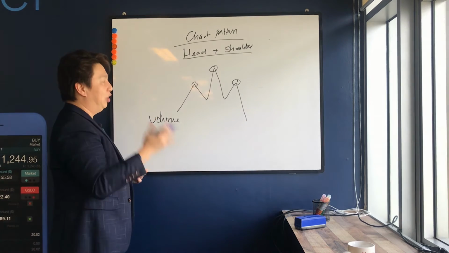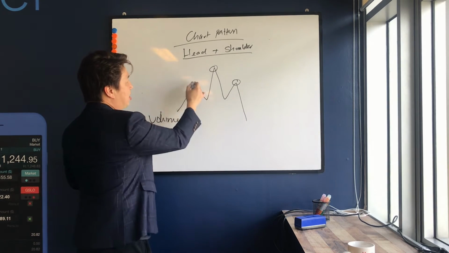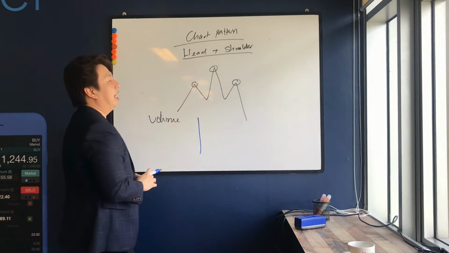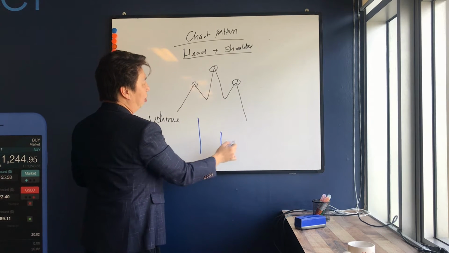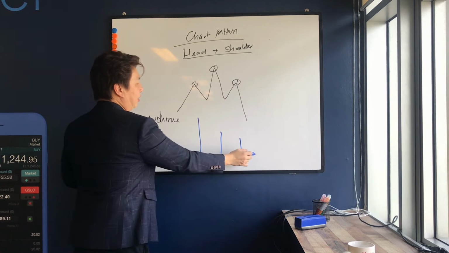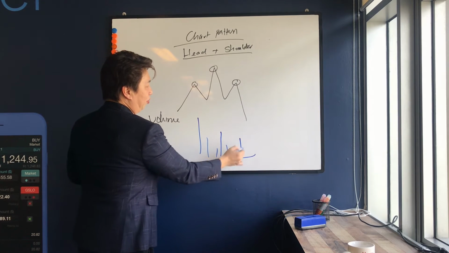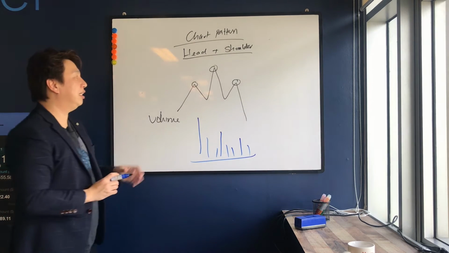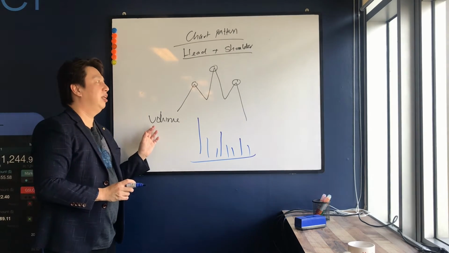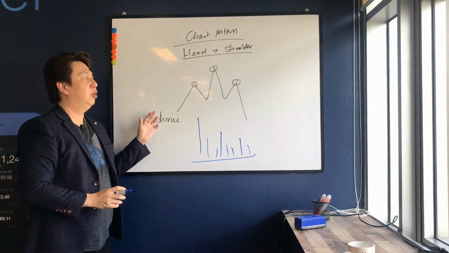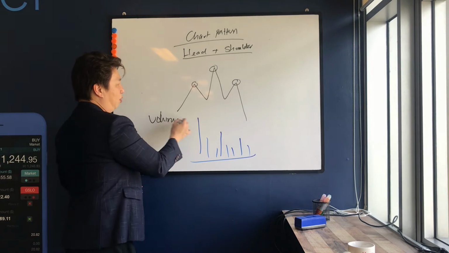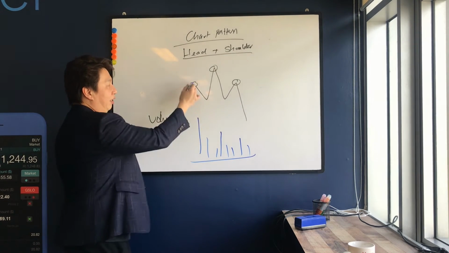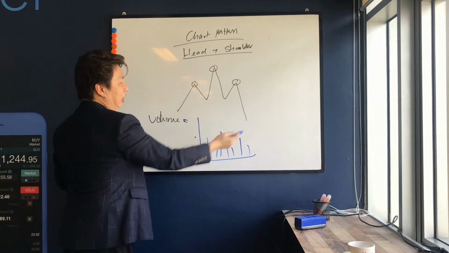That means on this high, the volume is always the highest, followed by the second one, which is a lower volume, and the third one is even lower volume. This is one of the indications of a possible reversal pattern, because we look at the volume versus each of the peaks.